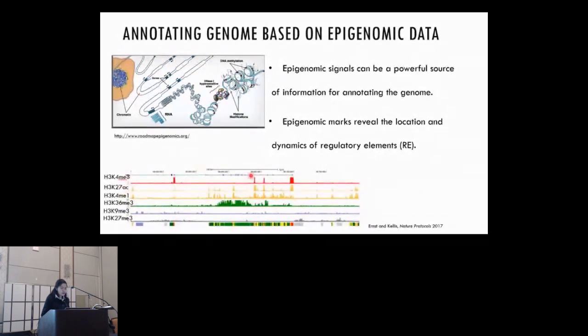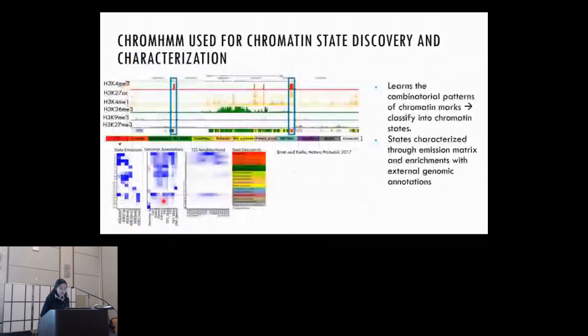So here I'm showing a snapshot of the genome where each of these tracks is showing the signal of different chromatin marks. Given that we can profile different chromatin marks across the genome, methods such as ChromHMM have been developed to learn the combinatorial and spatial patterns of these chromatin marks and then classify regions of the genome into different chromatin states.